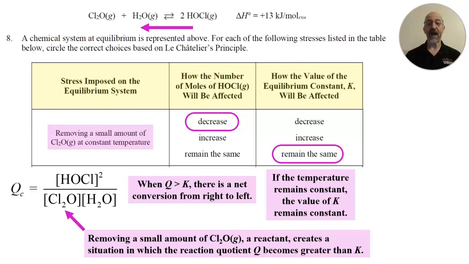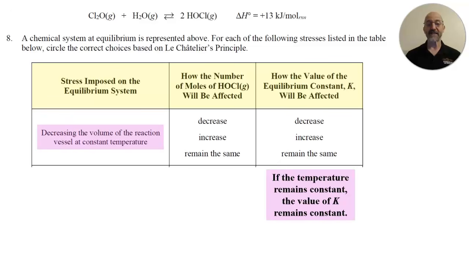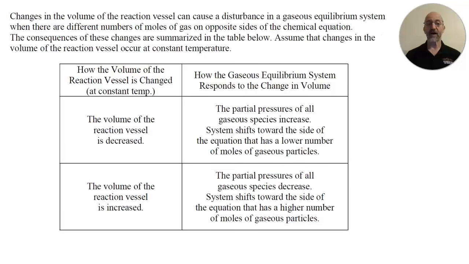Let's go ahead and consider our next stress. So our next stress is, what if we decrease the volume of the reaction vessel at constant temperature? Again, there's that constant temperature, so the value of K remains constant. Now, what happens when the volume of the reaction vessel decreases? Well, changes in the volume of the reaction vessel can cause a disturbance in a gaseous equilibrium system.